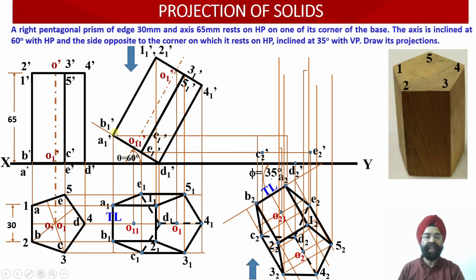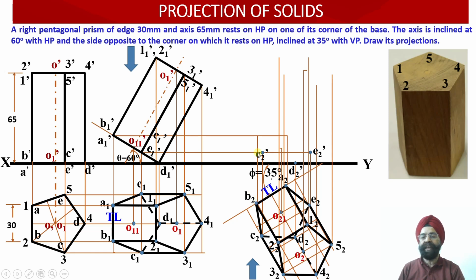Now the next points are B1 dash and A1 dash. From B1 dash and A1 dash, again we have drawn a horizontal projector line. Wherever this horizontal projector line is intersected by vertical projector lines emerging from B2 and A2, the 2 points B2 dash and A2 dash will be obtained on this horizontal line. This is point B2.